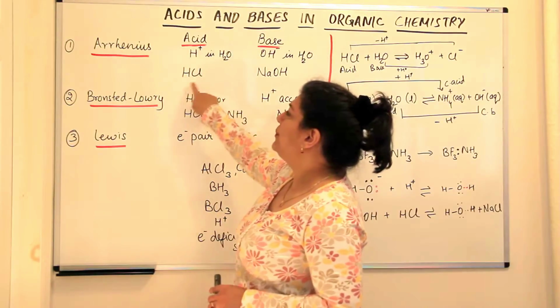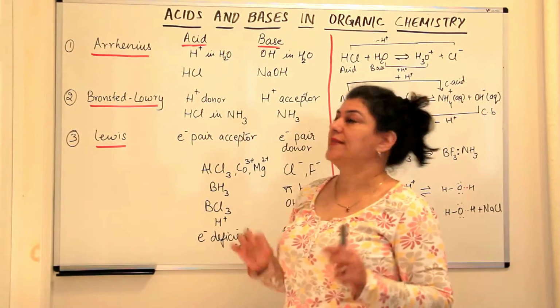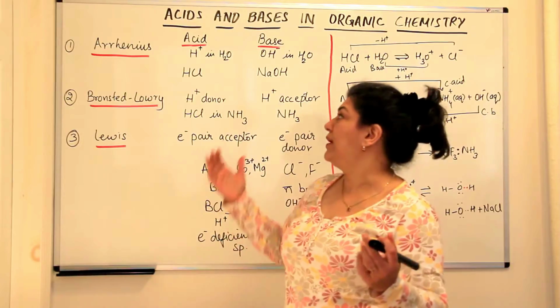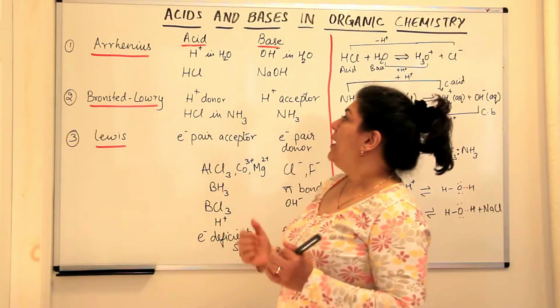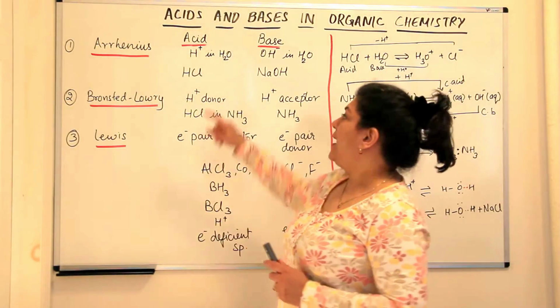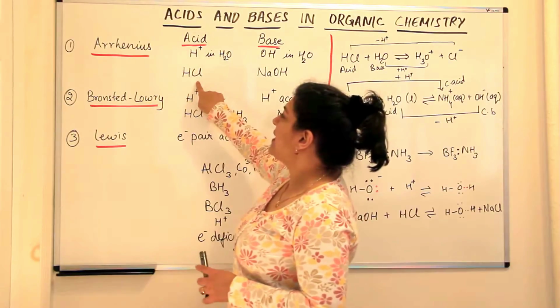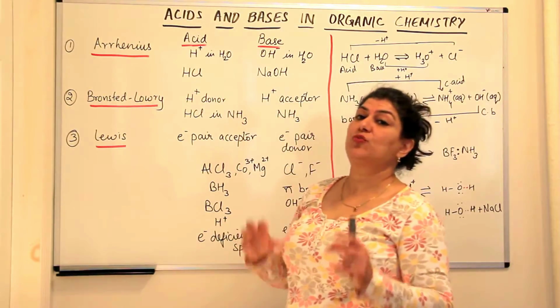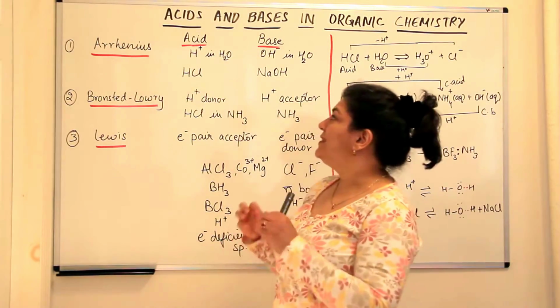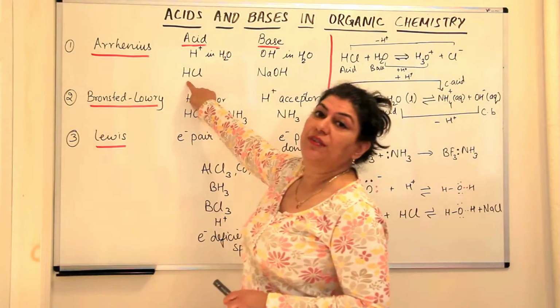For example, HCl, that is hydrochloric acid. HCl, or hydrogen chloride, is an acid according to Arrhenius. And why is it an Arrhenius acid? Because when you put HCl in water, it dissociates to give H+ and Cl-.